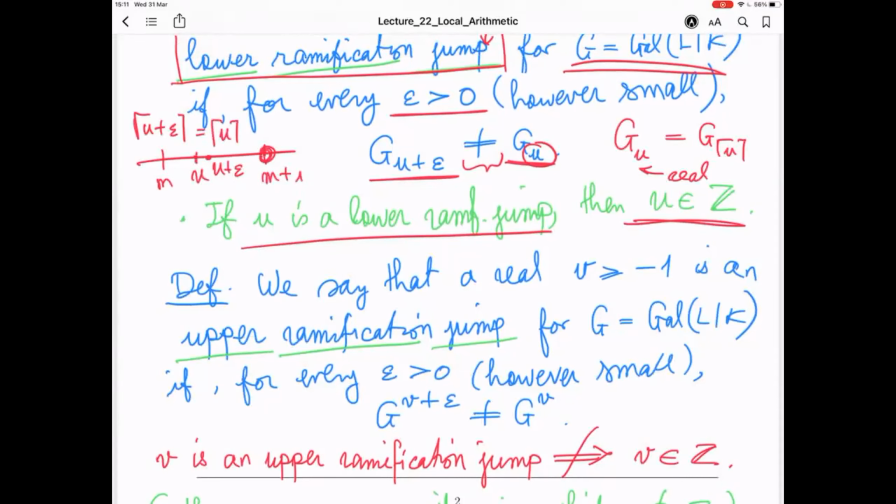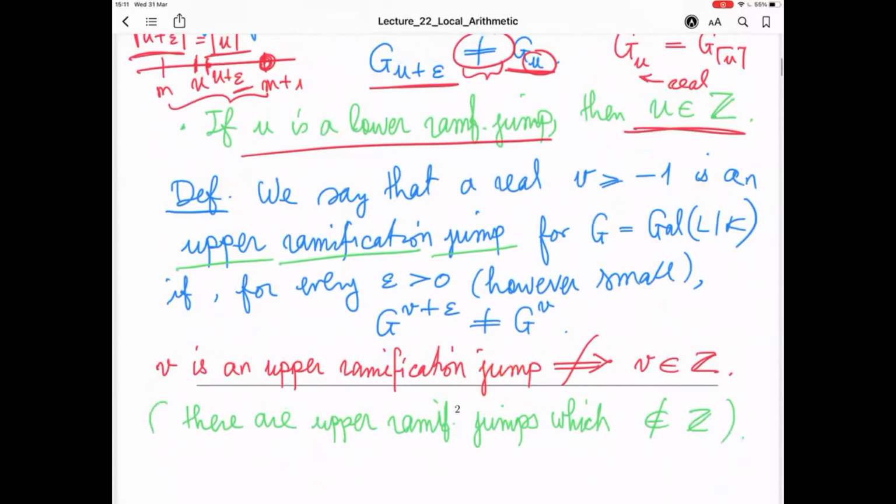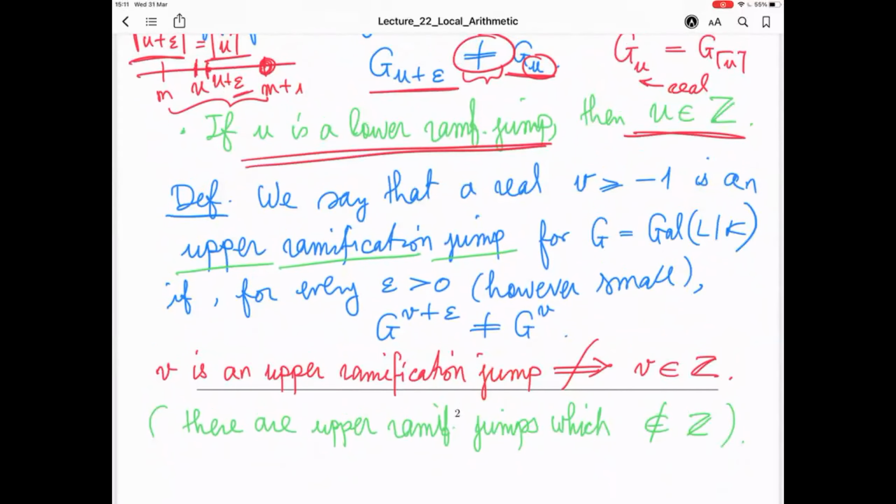In both cases, the ceiling is m plus 1. And therefore you can't have inequality here, you'll have equality. Fine. So if a lower ramification jump occurs at u, then u has to be an integer.